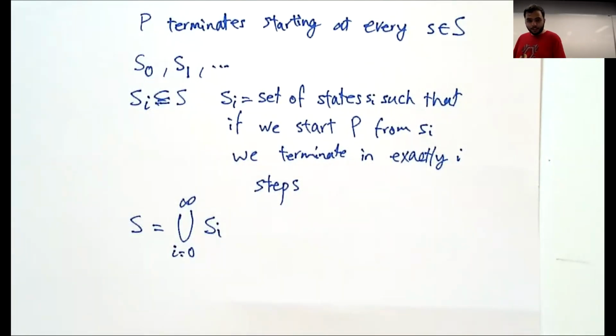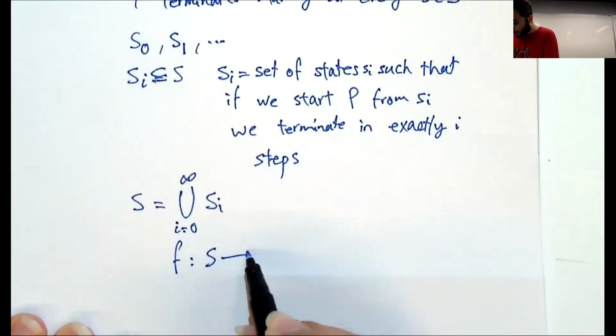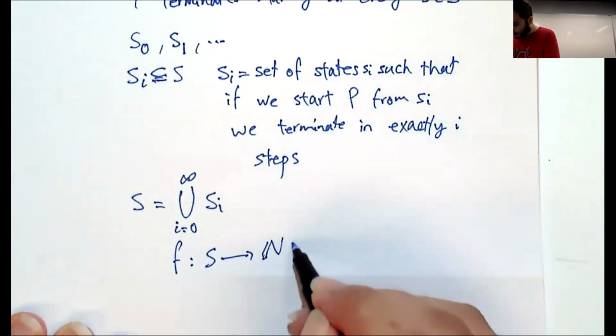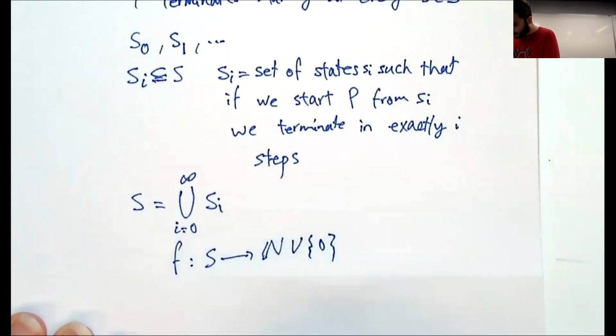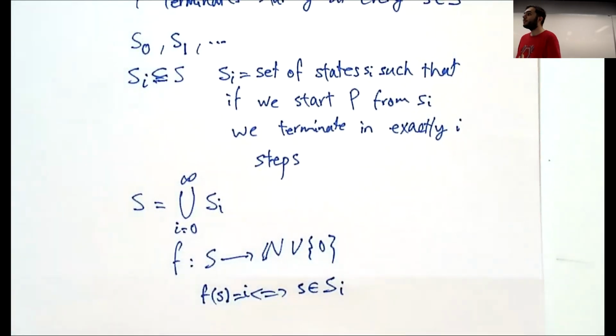Now I can easily use this to define my ranking function, right? So I define my ranking function f from S to the naturals. Let's say I can also have 0. And the way that I define it is that f of some state S is i if and only if S is in Si. Right?